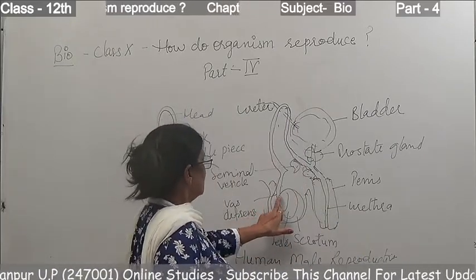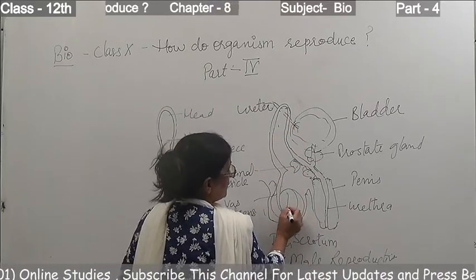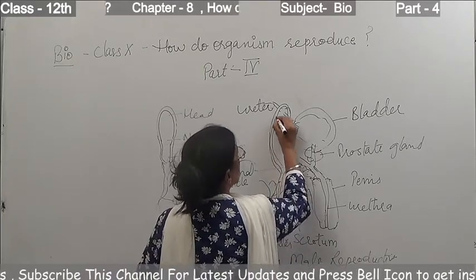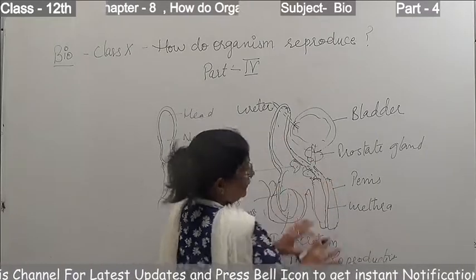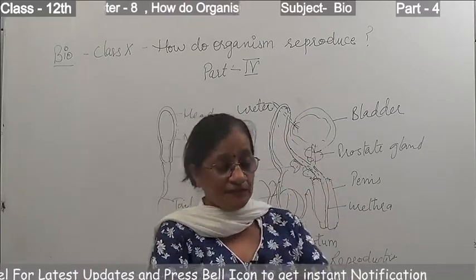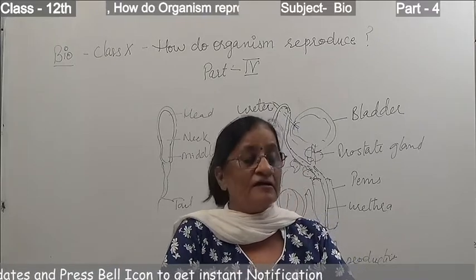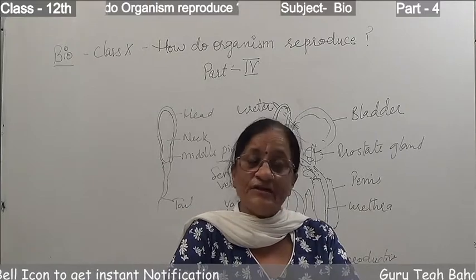This is the vas deferens, a tube-like structure. Sperms are formed in this portion and they travel through it, and while traveling they pass through the two glands, the prostate gland and seminal vesicle.